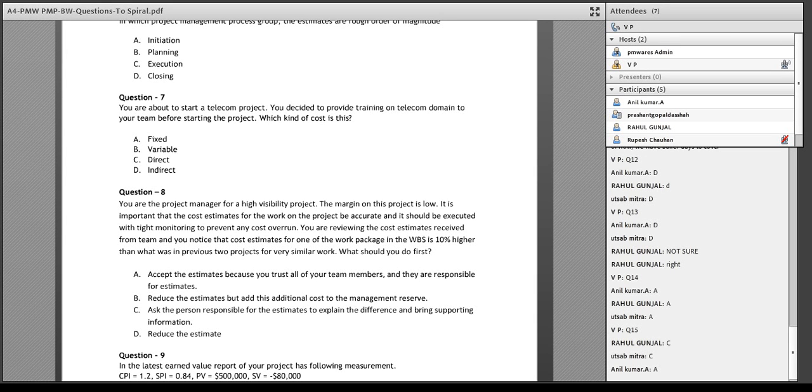We are establishing cost baseline, that is budgeting, right? Developing approximation of monetary resources needed to complete the project. Developing approximation means you are estimating. Go to the D. Doing reserve analysis and establishing contingency and management reserves are also part of budgeting. Only C is not part of budgeting.